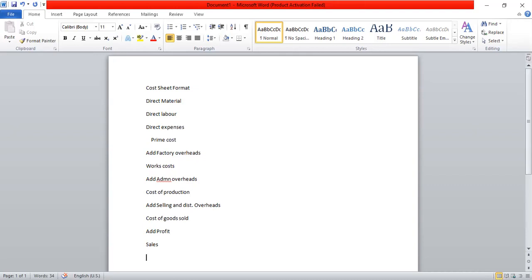So now let's look into what factory overheads are. Factory overheads are those costs which are incurred in the factory, but they cannot be identified with the per unit of a product. Some of the examples we just saw, indirect material and indirect labor, are examples.